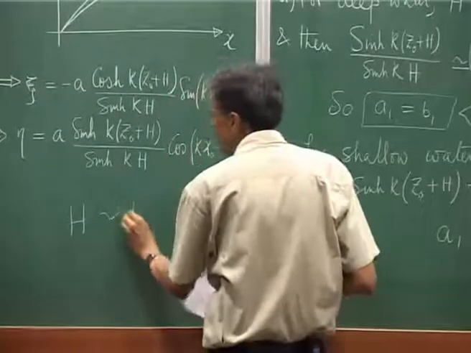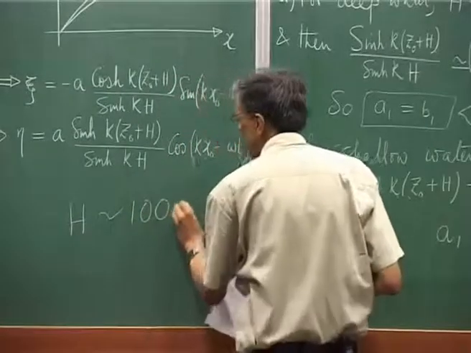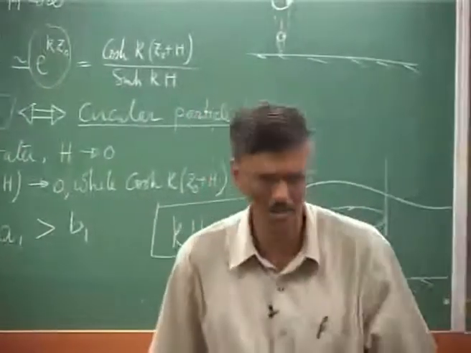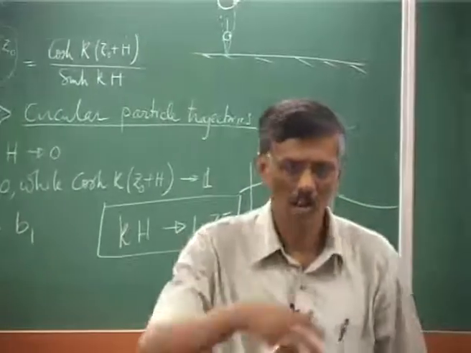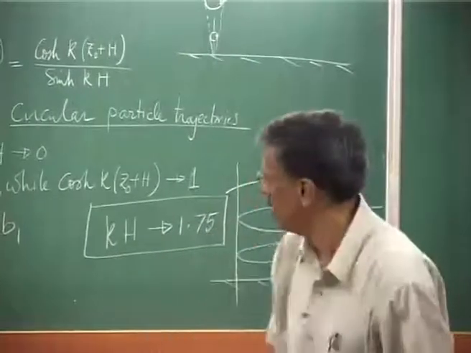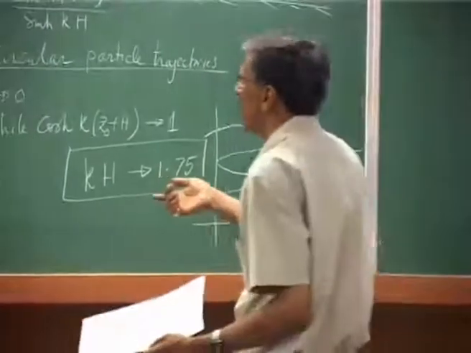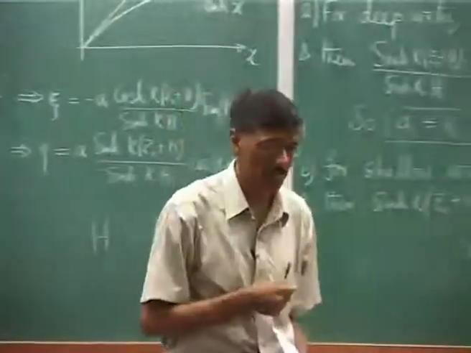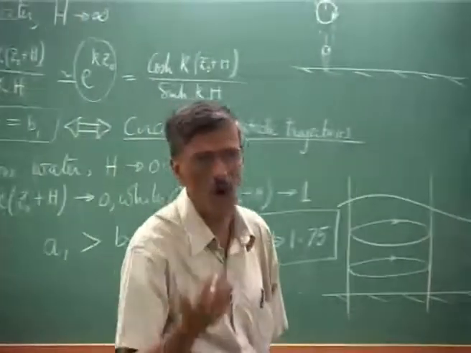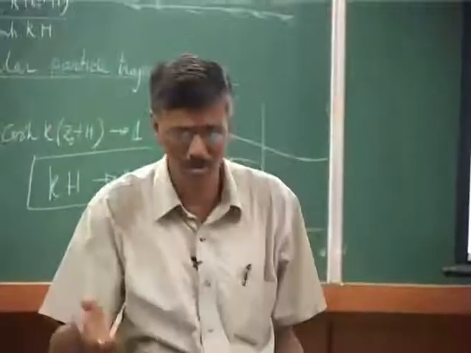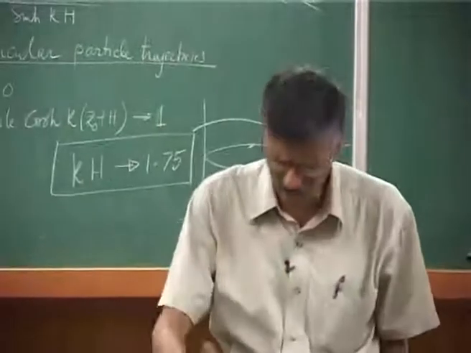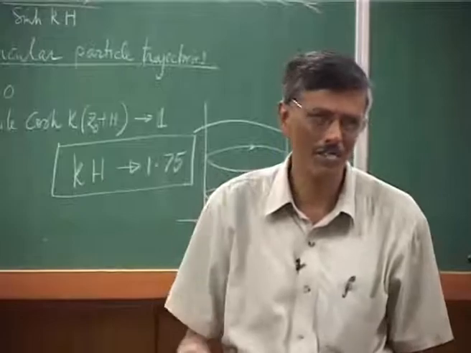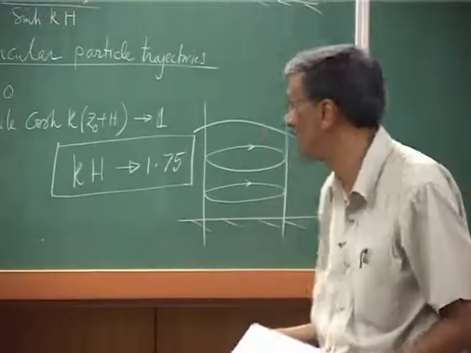And if you talk about h of the order of say 100 meters, even in the continental shelf, we are not talking about very close to the beach, but a little farther, maybe a few hundred meters away from the beach, then you would be seeing this kind of depth, and if the wave is of this kind, that qualifies as a deep water wave. So, for all practical purposes, the waves that you would see in the sea, excluding the ones very close to the vicinity of the beach front, can be classified as deep water waves.